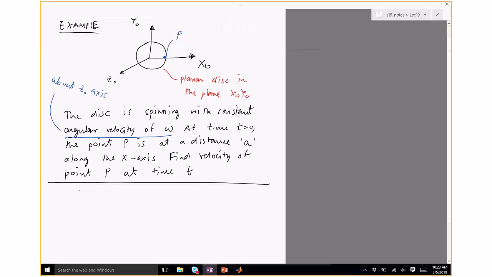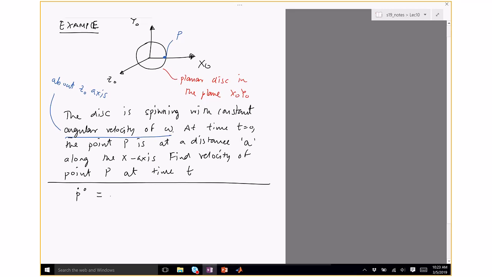Okay, so here's how you will do it. You want to find the velocity of P. And when I ask you for the velocity of point P, it generally means I'm asking you to find the velocity of point P with respect to the global frame. So P dot 0 is unknown.